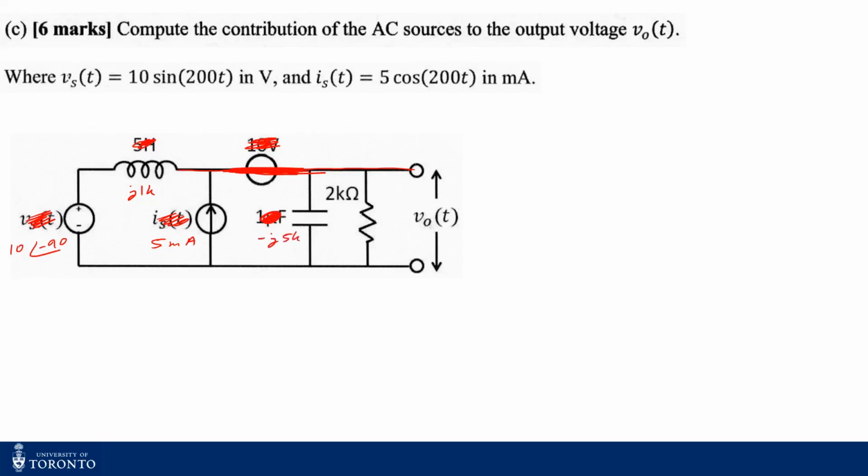Now I have to find V naught t. I can apply nodal analysis because I can find just this nodal voltage, which I can term V1. Once I do that, I have one node, so my V1 should be equal to my V naught t.